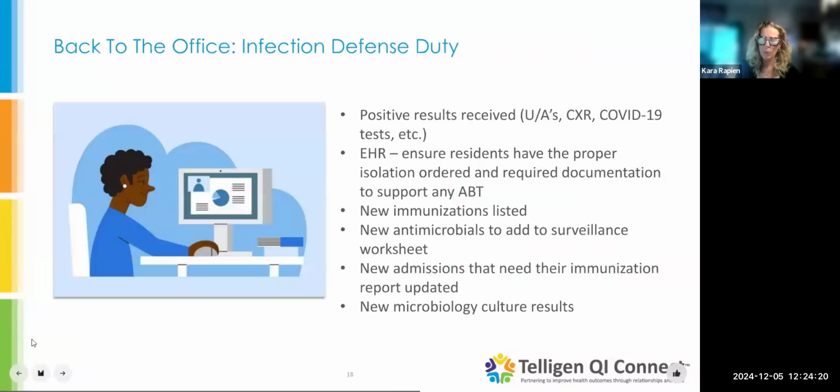So after you've completed your morning meeting, there's time to do your training. If that's the time in your day that you've decided to do your infection control training, now it's time to sit down again at our computer. Review your tracking. I like to use this time to review tracking and surveillance logs, start looking for trends with UTIs, catheter-associated UTIs, and any uptick even in respiratory infections, as an example.